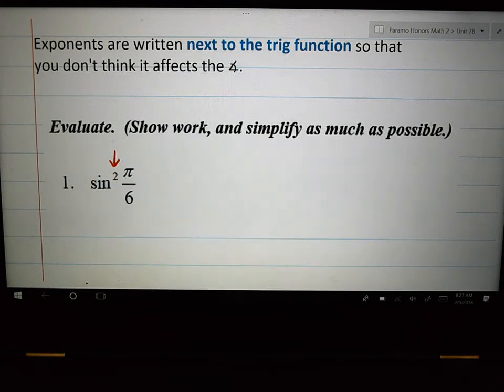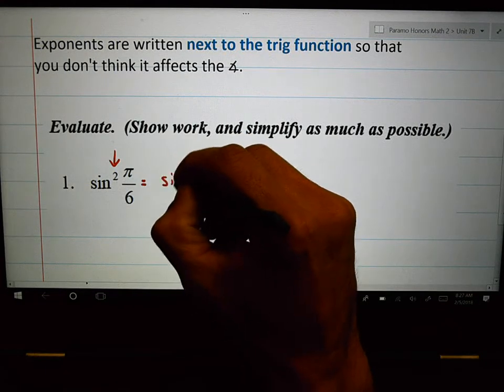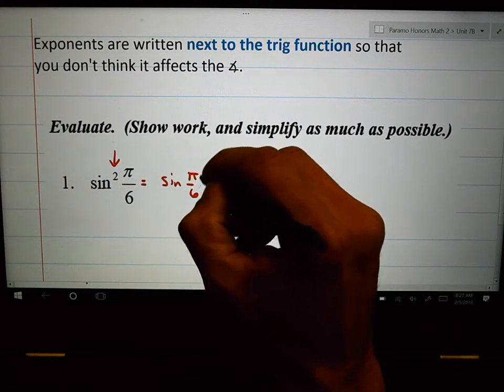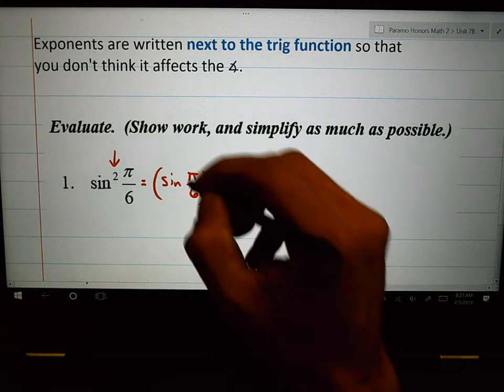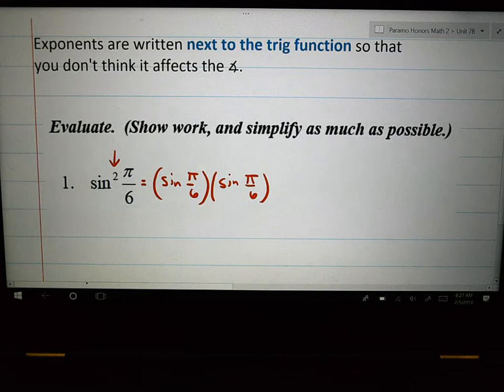They do not want you to think that that means that you're doing pi over 6 times pi over 6 at all. What this actually means, if I were to write it out, is that I'm taking the sine of pi over 6, and you have 2 of these groups. You have a sine of pi over 6 times another sine of pi over 6. There's 2 of the trig functions, and each trig function has their own separate angle.